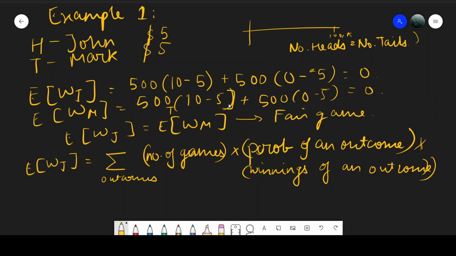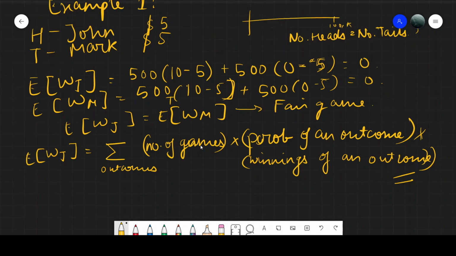Plus, again, the number of games, 500, times the probability of a tail coming up, which is half, and the winnings of an outcome. He's going to lose if he gets a tail, so the winning is of negative magnitude, which is minus 5. So this is my general formula for the expected winnings of a person.